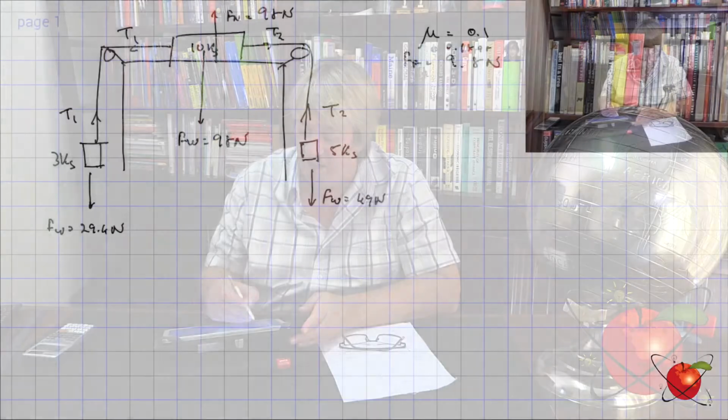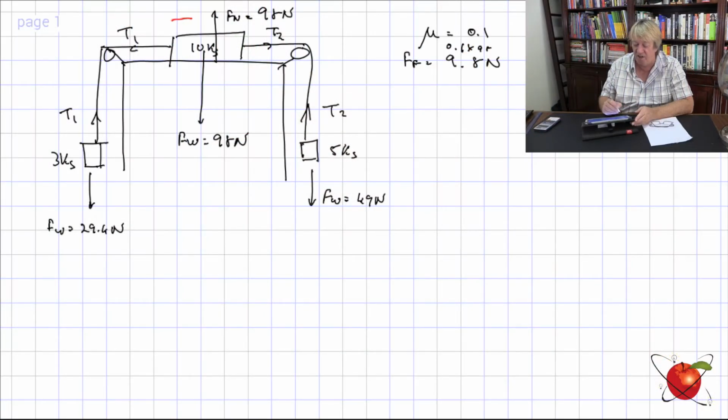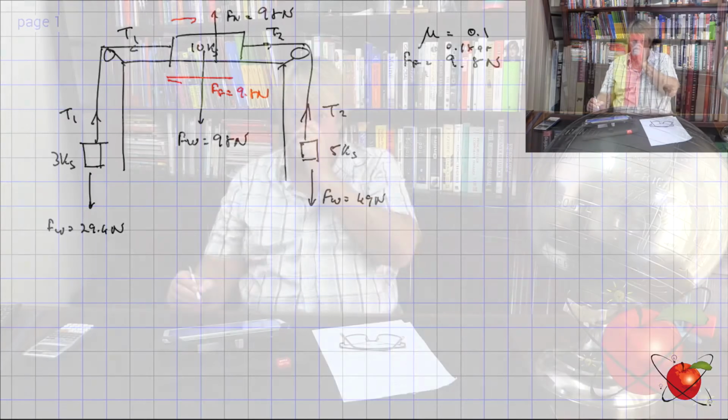So it's going to want to move in the direction like so. Therefore, friction is going to be there, and it's going to be FF equal to 9.8 newtons. Right? You must go and ask yourself that test question. Which way does it want to move? There's not a mathematical answer that's going to give that to you. Just have a look at it. Logically, the 5 is more than the 3, therefore it's going to want to pull it off the table, isn't it?